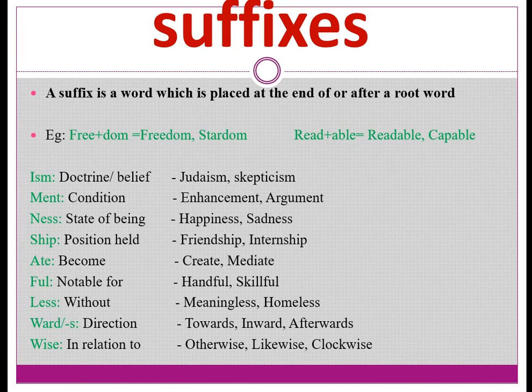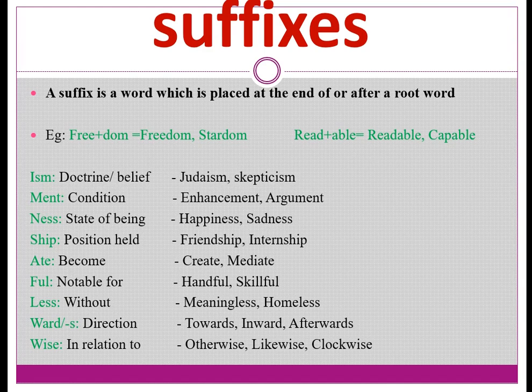Ward means direction. The examples are towards, inward, afterward, forward, etc. And the last example for the suffix is wise, W-I-S-E. The meaning for this wise suffix is in relation to. The examples for this one are otherwise, likewise, clockwise.